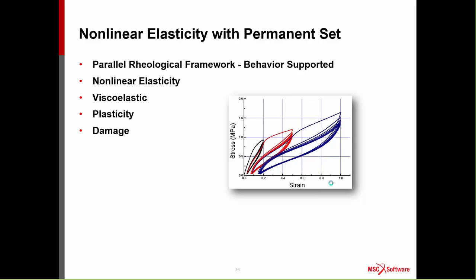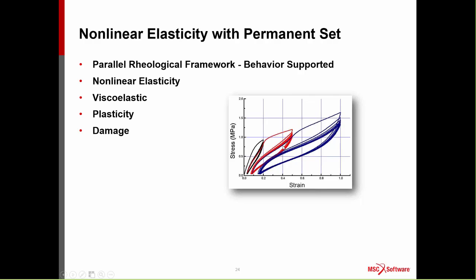And this is also for carbon-filled rubber materials. This is something where we go into the laboratory, and we basically see a behavior where we have nonlinear elasticity. We don't really follow back the same range.